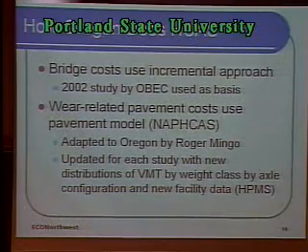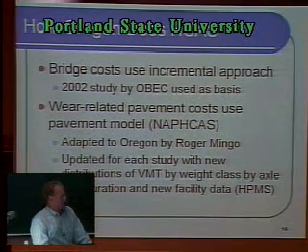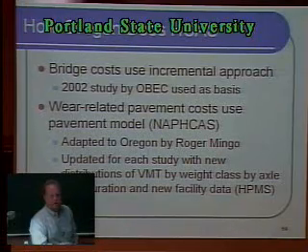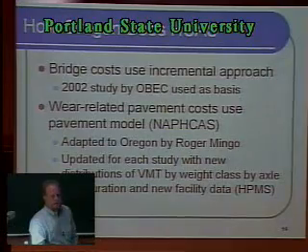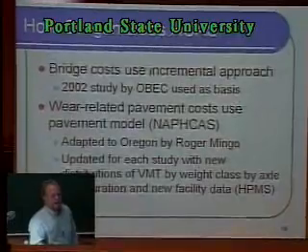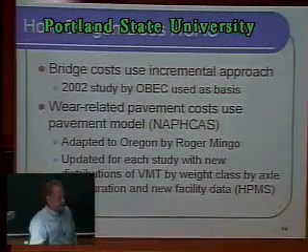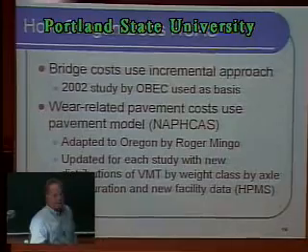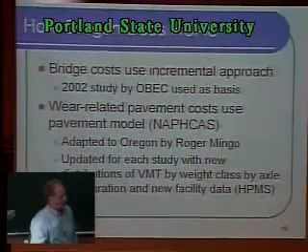In 2002, OBEC, which I think is Oregon Bridge Engineering Consultants, did a study for the Oregon Highway Cost Allocation to look at the costs of building bridges for basic vehicles, bridges for vehicles up to 26,000 pounds, vehicles up to 50,000 pounds, vehicles up to 100,000 pounds, and vehicles up to 200,000 pounds. And the results of that study are used to allocate the bridge costs in the Oregon study.